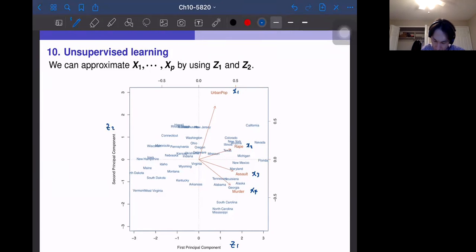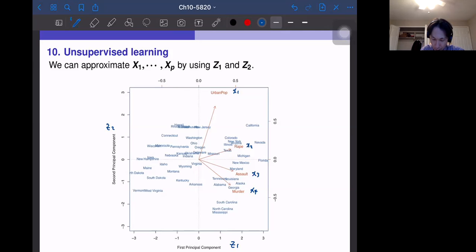Z1 is highly related to these 4 variables. And Z2 is not really clear what that means, but anyway, this is the second principal component.